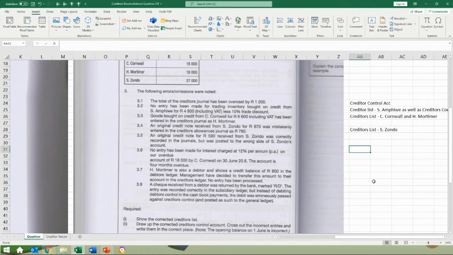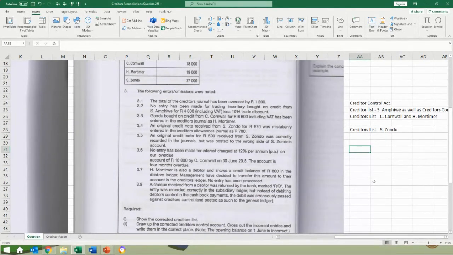Now remember, when we do the interest calculation, it's only for the period that that amount is outstanding. So in this case, the account is outstanding for 4 months, but you will note that 12% is for a year. So per annum means for the entire year, which is 12 months.